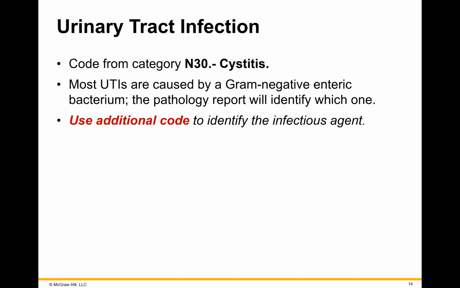Urinary tract infections, commonly referred to as N30, cystitis. Most of these are caused by gram-negative enteric bacteria, and the pathology report usually spells these out. You'll note in your code book there will be a notation to identify the infectious agent.